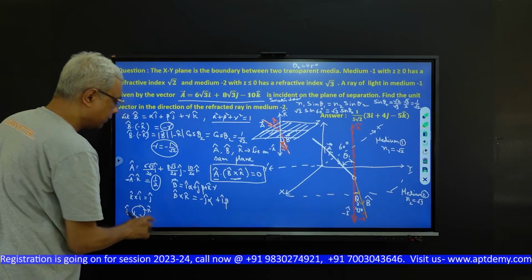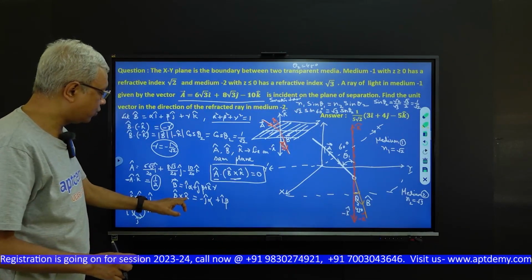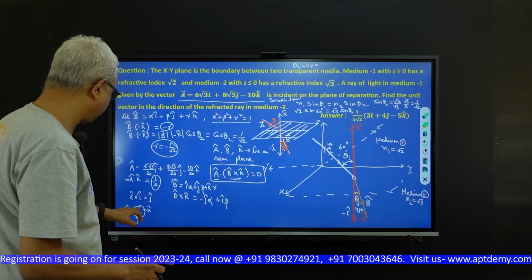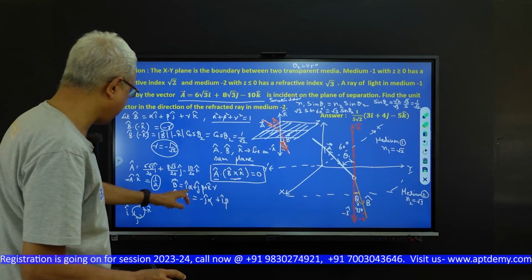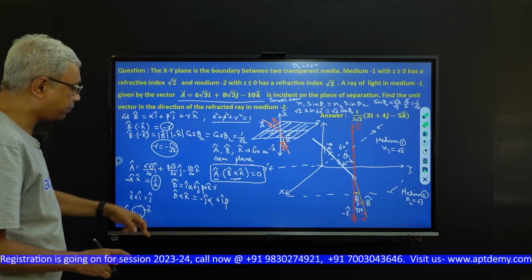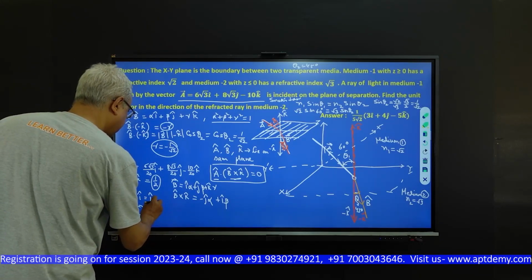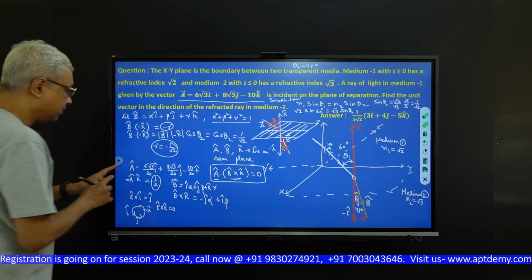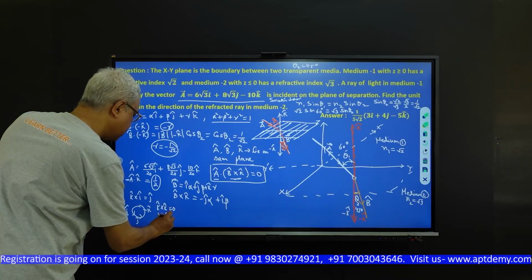Very simple. So i cap cross k is equal to minus j alpha, plus j cap cross k is i beta, and k cap cross k is obviously 0, because there it is 1 into sine of 0, which is 0.